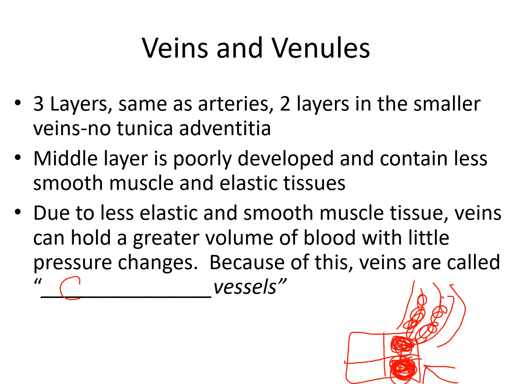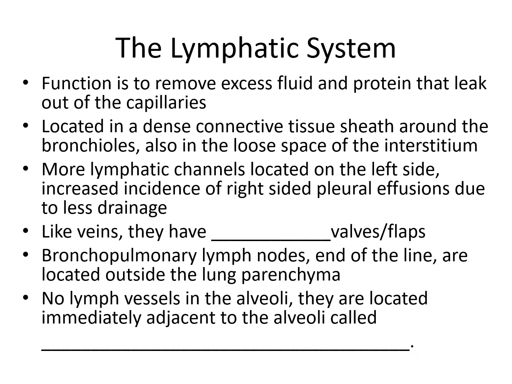The fact that these can back up and hold blood and save the heart from stress is actually going to help save the heart energy and hopefully give the heart tissue time to get better and heal. So that's actually a good protection mechanism. You want them to be capacitance vessels.